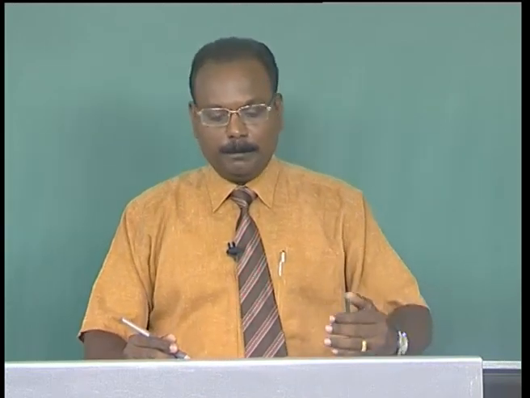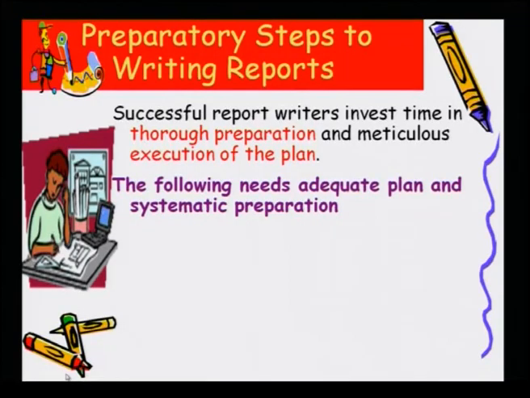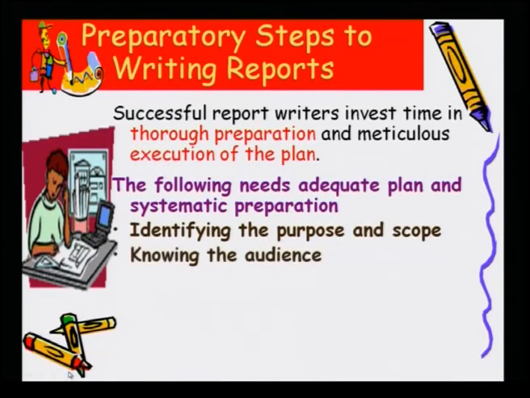The following points need adequate plan and systematic preparation. Look at some of the aspects of planning and preparation. Firstly, you need to identify the purpose and scope of your report. I will be elaborating this in detail.